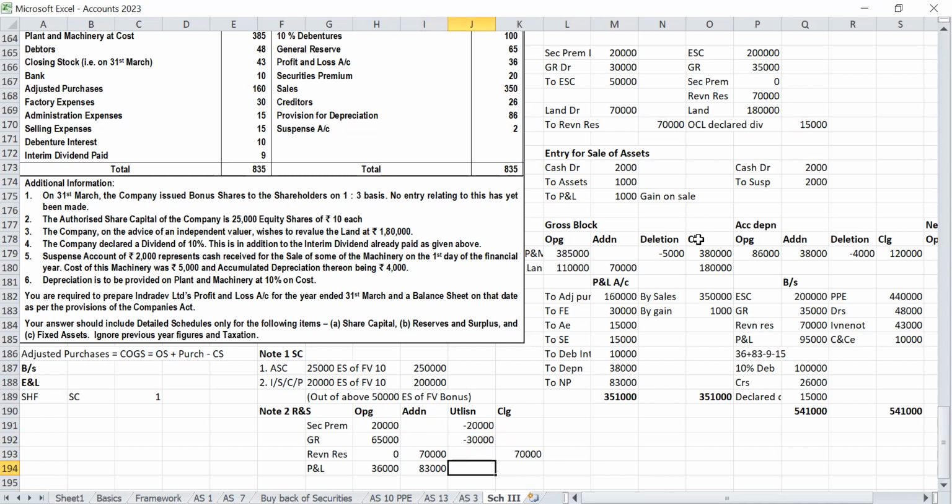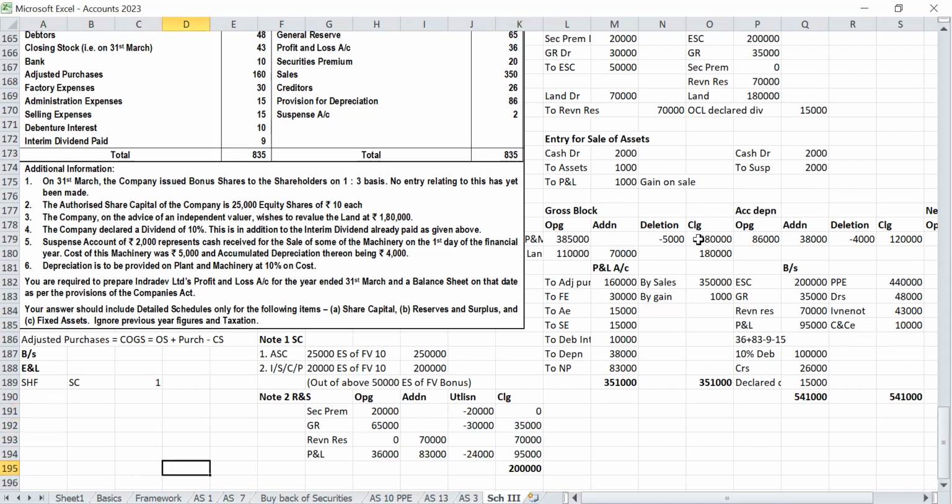Utilization will be 9,000 interim dividend, 15,000 final dividend. So closing 35,000. So total of above will be 2 lakh. So share capital 2 lakh.